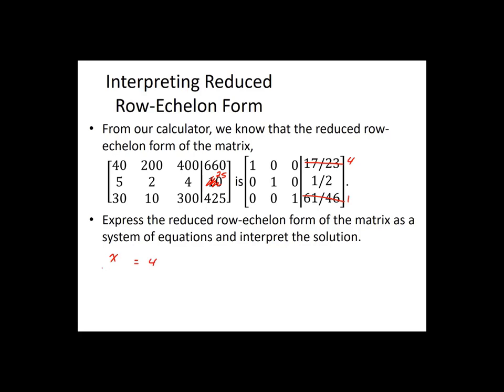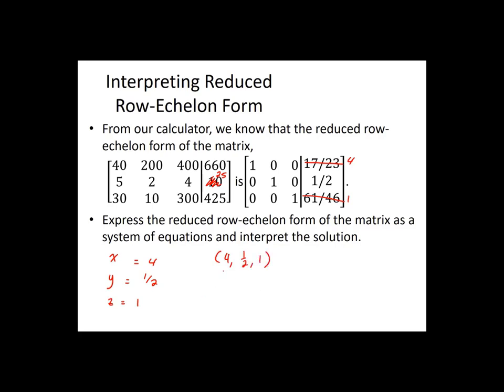The second row is 0x plus 1y plus 0z equals 1 half. Third row is 0x plus 0y plus 1z equals 1. So I've written these as x equals 4, y equals 1 half, z equals 1. And this is an ordered triple, parentheses, 4, comma, 1 half, comma, 1, close parentheses.